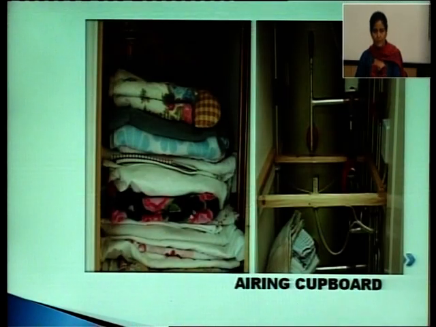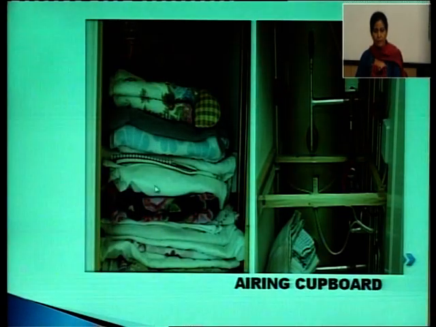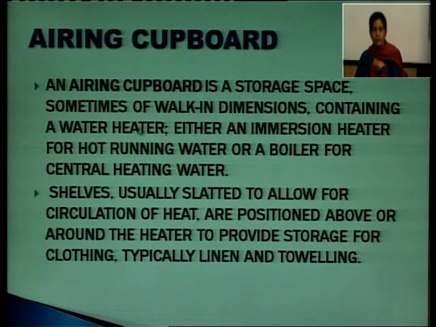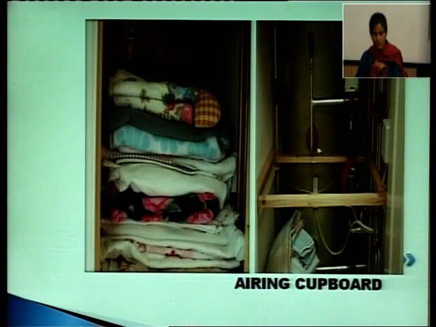For example, you can see this is a main cupboard which is used for storing blankets and quilts, etc. An airing cupboard is a cupboard where you can see various slots provided, and behind this you can see this unit, which is a water heater or a boiler for central heating of the whole cupboard.